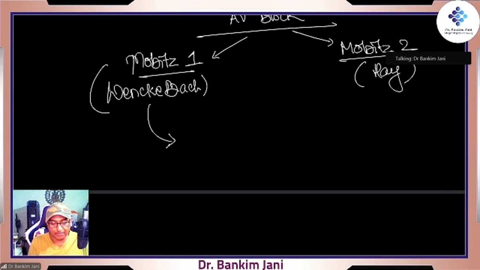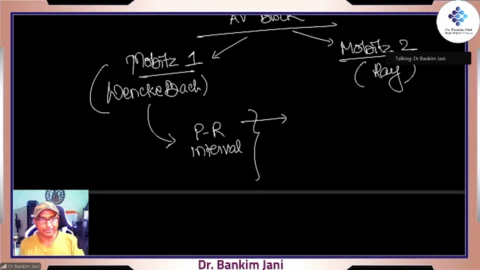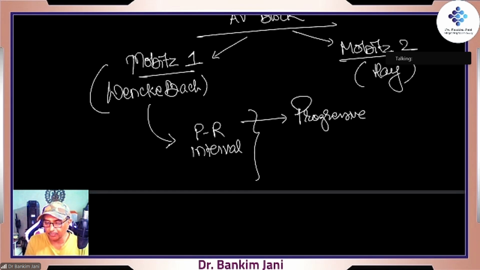So first, let's start with Mobitz 1. In Mobitz 1, again we are dealing with the PR interval. But over here, the PR interval is very specific, and that is progressively longer.